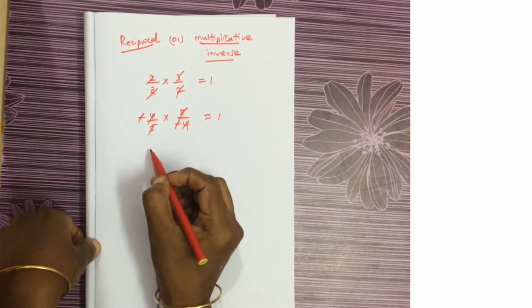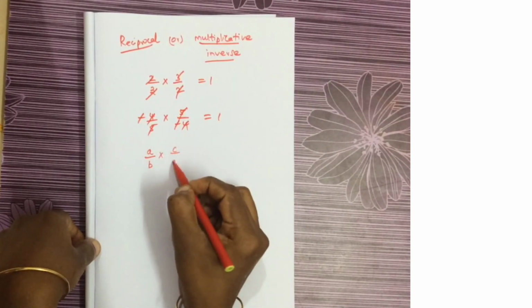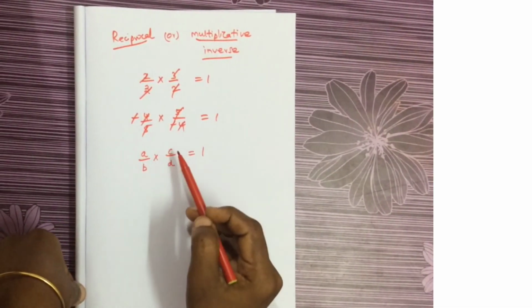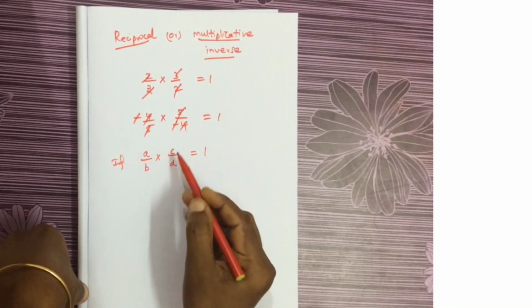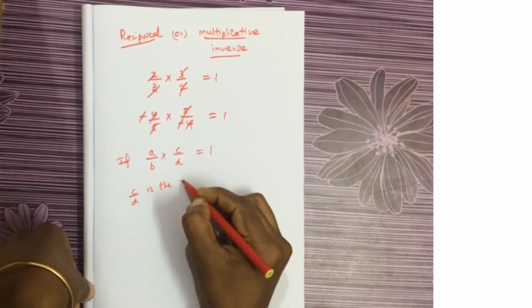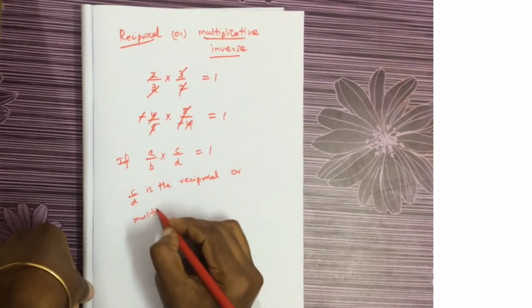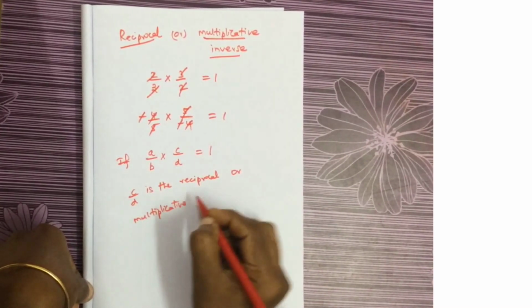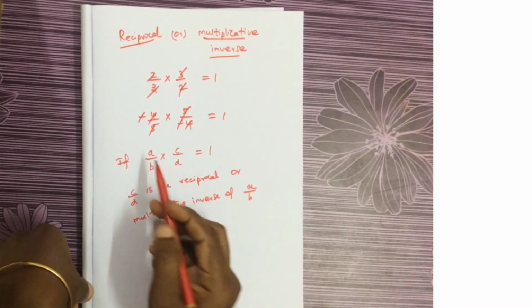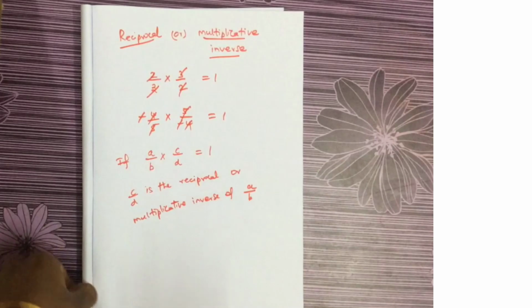In general, we can say, if you are multiplying a by b with c by d and you are getting a 1, so here a by b multiplied by c by d is 1, what can you say? c by d is the reciprocal or multiplicative inverse of a by b, which means this a should be equal to d and c should be equal to b, so that they will get cancelled to get 1.